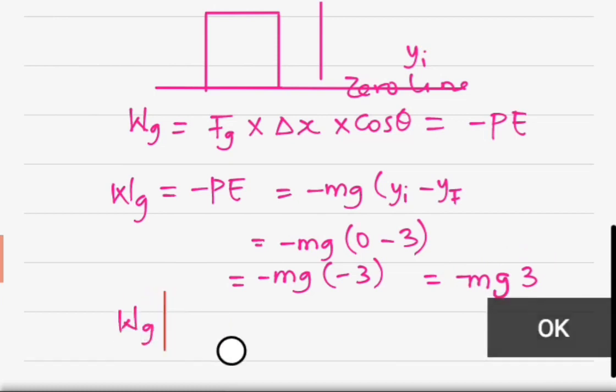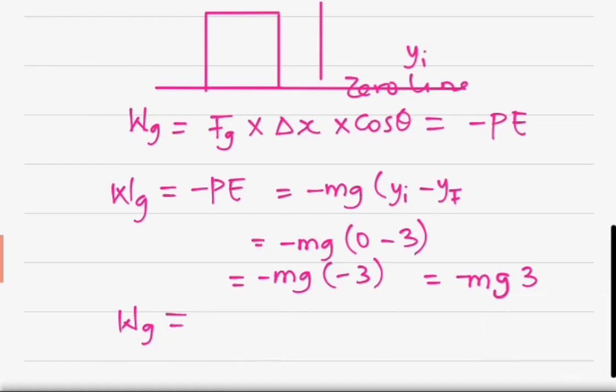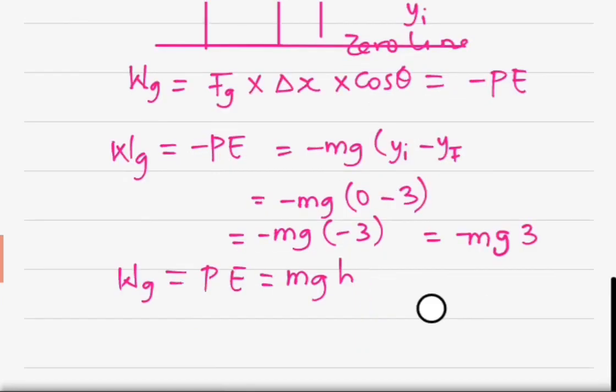In all, the work done due to gravity is the potential energy, which is equal to mgh. So the first thing you need to do is just to set up your zero line. Once you've done that, then you should get your answer.